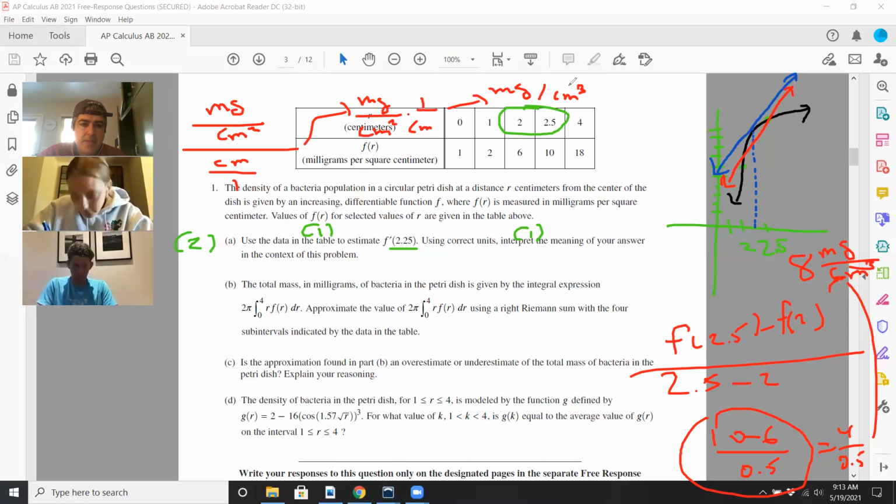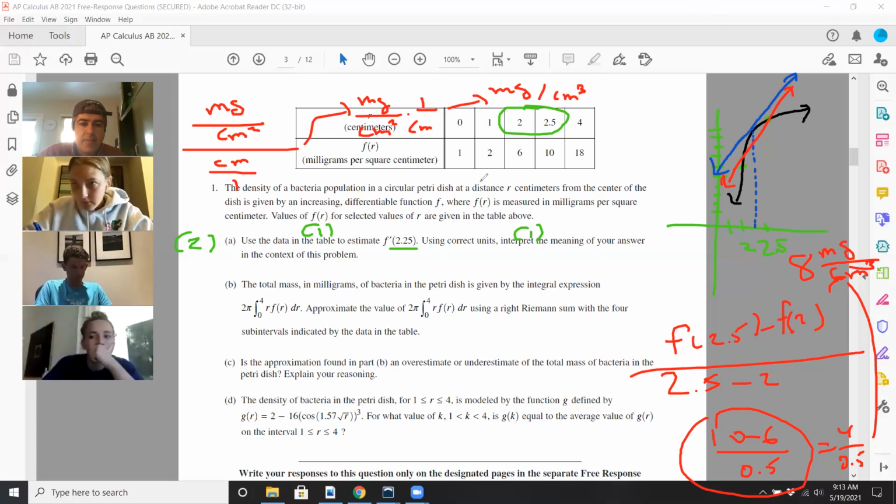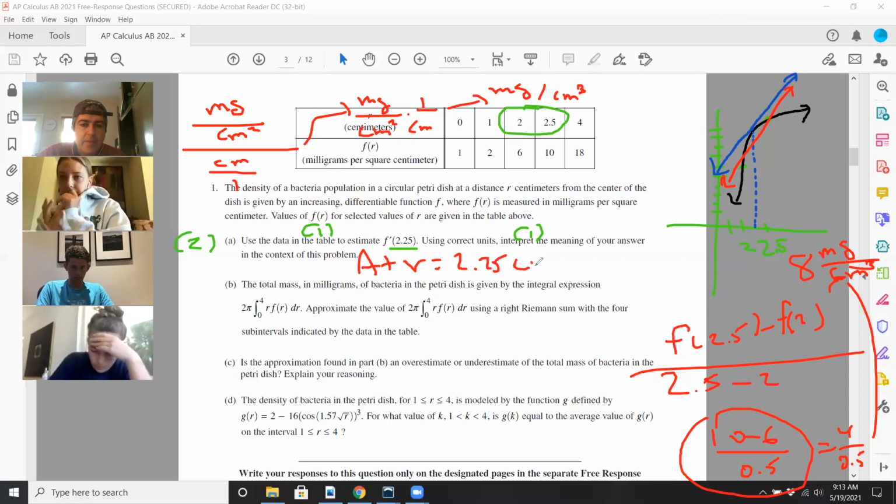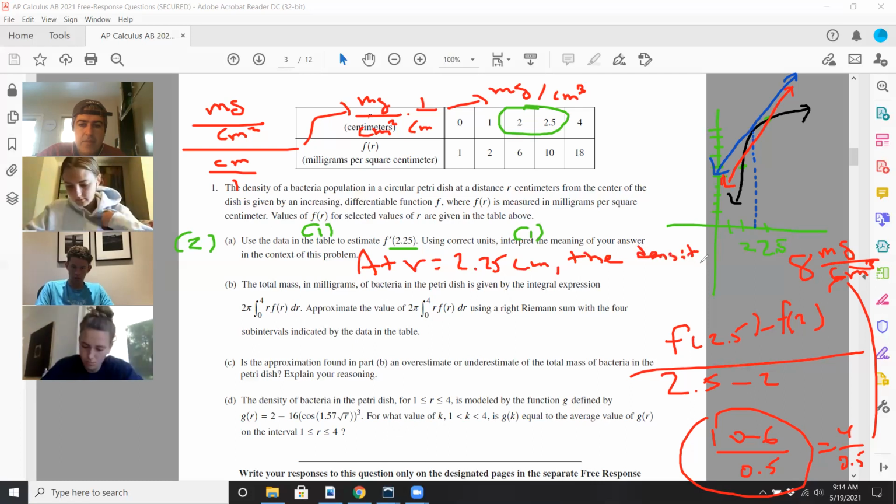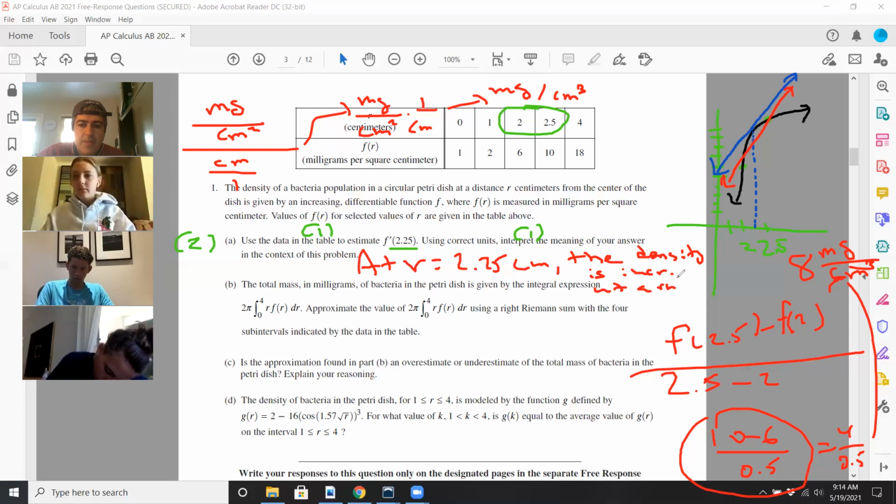Now interpret the meaning of this. So you would just say at R equals 2.25 centimeters, the density is increasing at a rate of 8 milligrams per cubic centimeter.